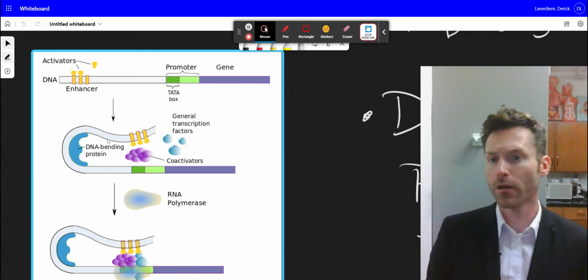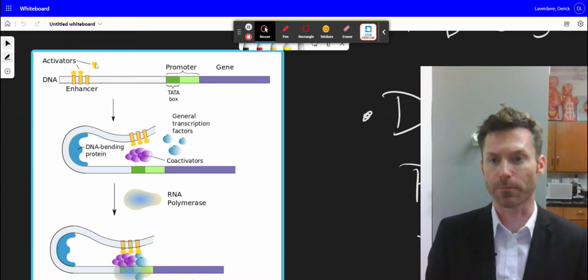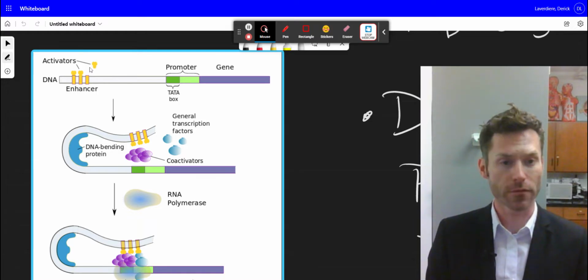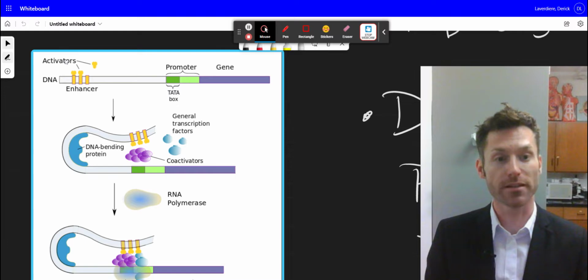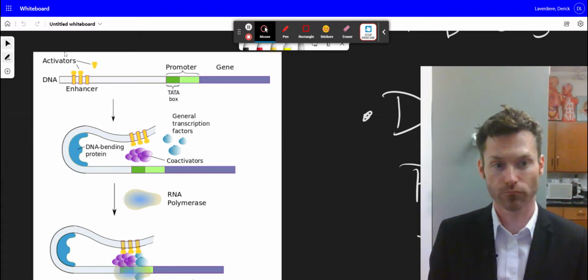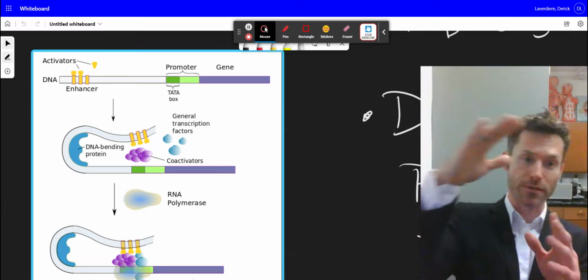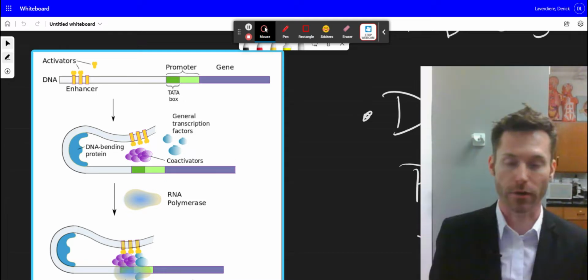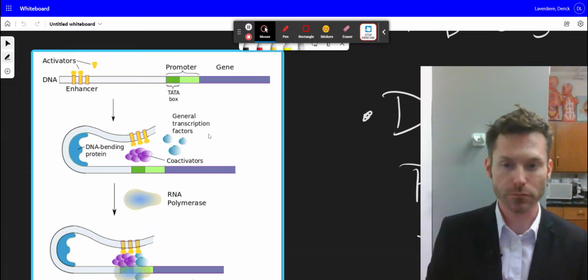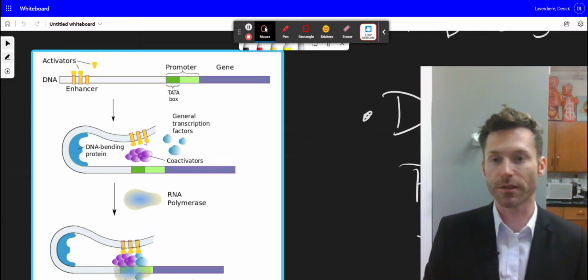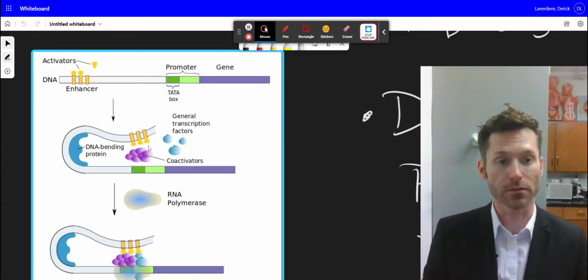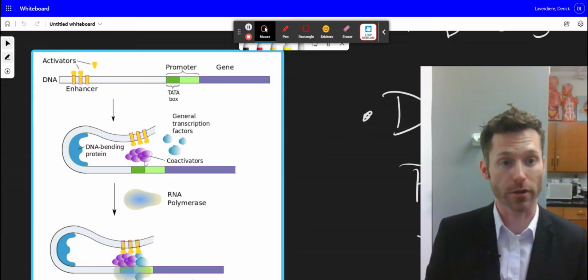Okay. The first thing that needs to happen is a particular transcription factor called an activator needs to engage with the distal control elements in the enhancer. Once that happens, this DNA bending protein engages in this region right here, plops itself on and bends the DNA up. What that does is align the enhancer with the promoter, so it aligns the distal control elements with the proximal control elements.